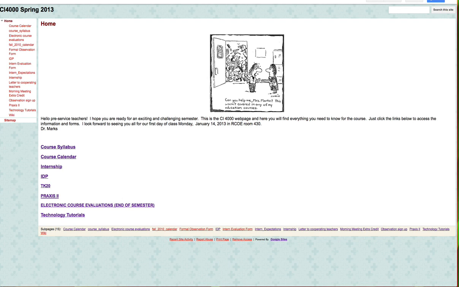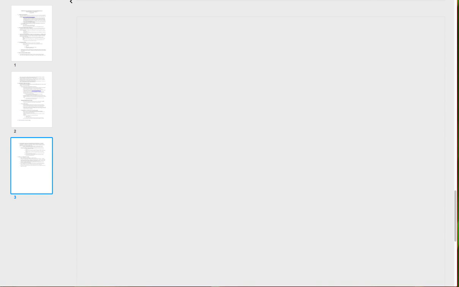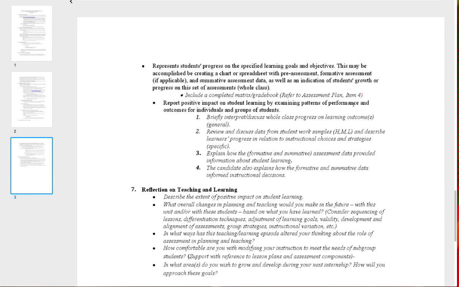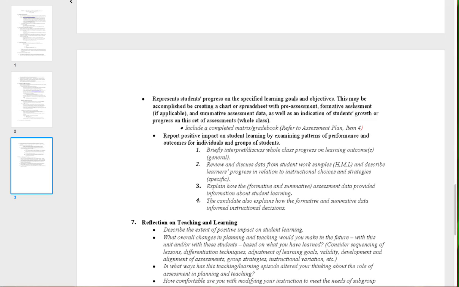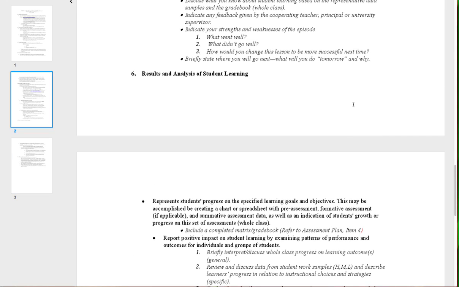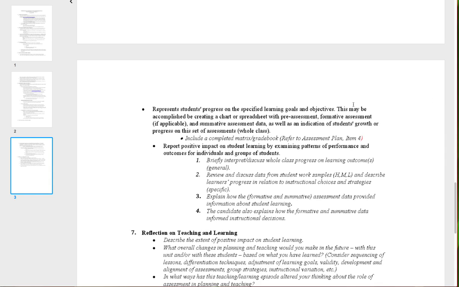So the first thing we're going to look at is the guidelines and see what we have to provide. The evidence that we need to provide, the results of analysis of student learning, has a couple of parts. The first part is that matrix. Remember, when you made your assessment plan, you needed to make sure that you had an empty rubric set up, ready to fill in with your formative and summative assessment scores.